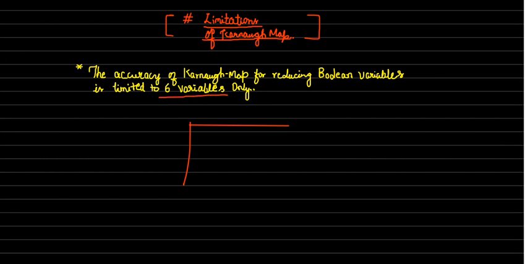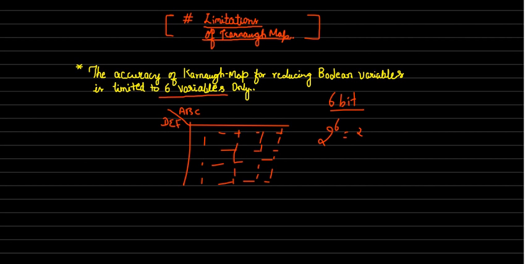It means we have up to A, B, C, D, E, F. After this point, if we try to apply the Karnaugh map, it will give us wrong results. So we cannot use it forever. We can use it up to 6 variables. Well, 6 bits is not small either. It is 2 to the power 6, so you have to write 2 into 2 into 2 into 2 into 2 into 2, which technically gives 64.